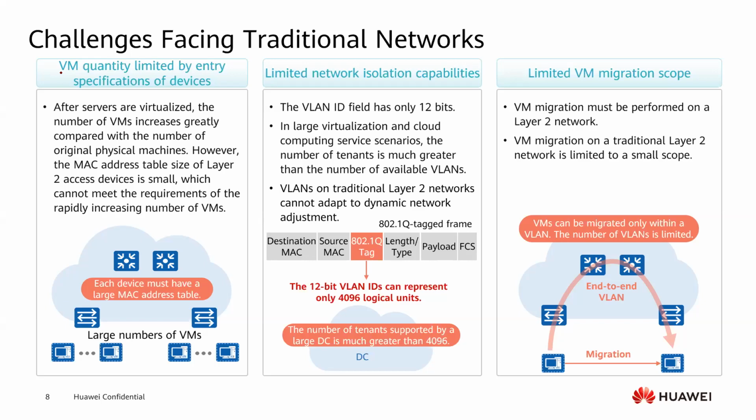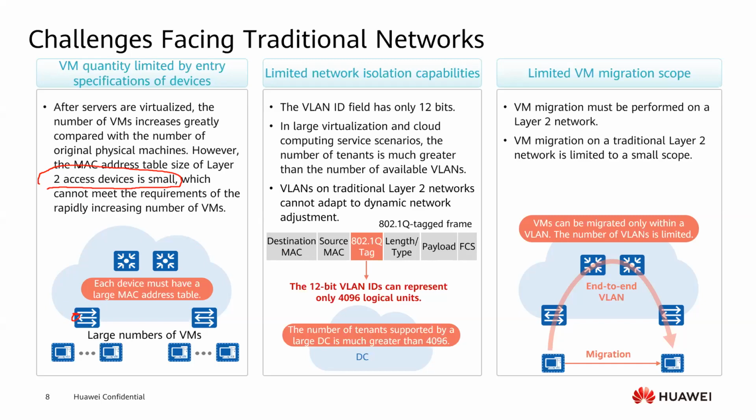So for just one server, the access switch may have more than 30 MAC entries. The MAC address entries expand a lot, but the MAC address table size of the Layer 2 access device is not so huge. It is small. So that is the first problem.